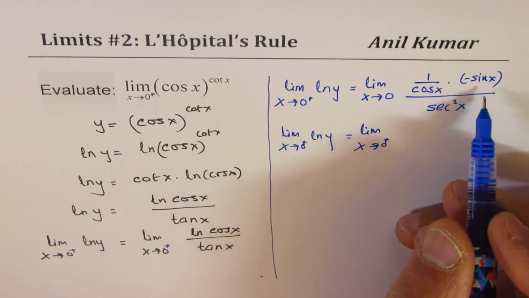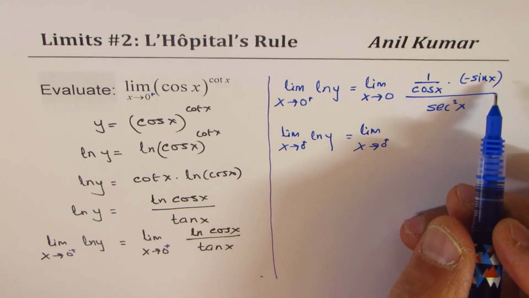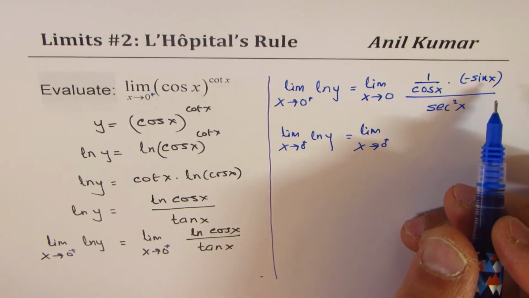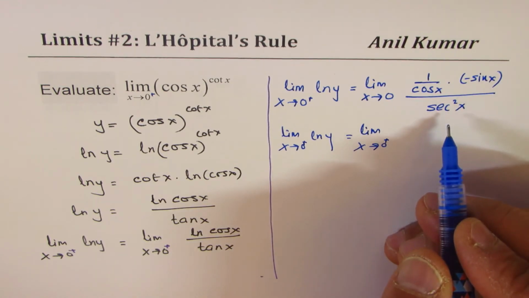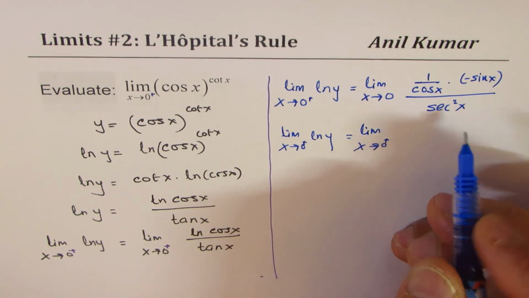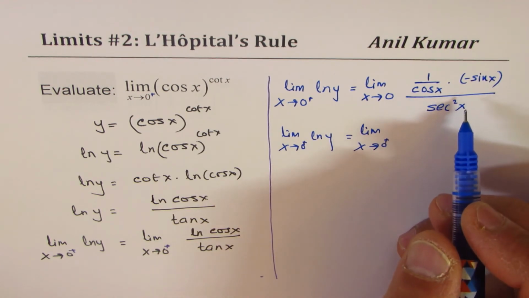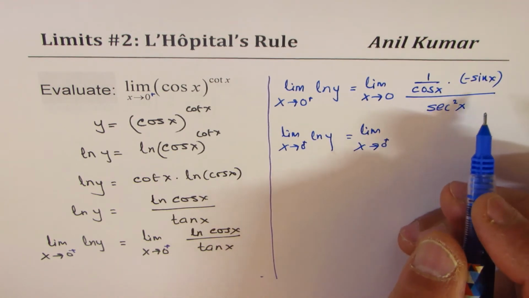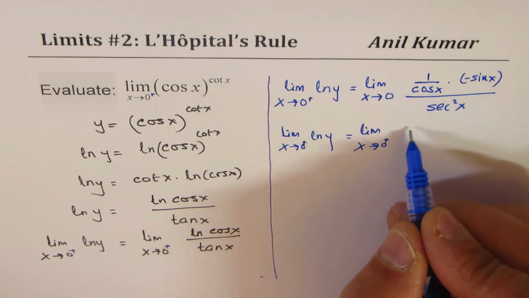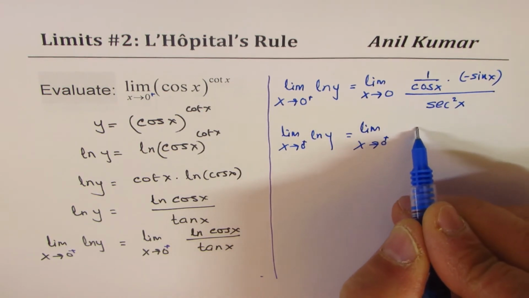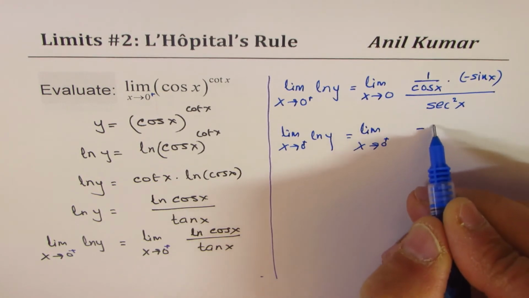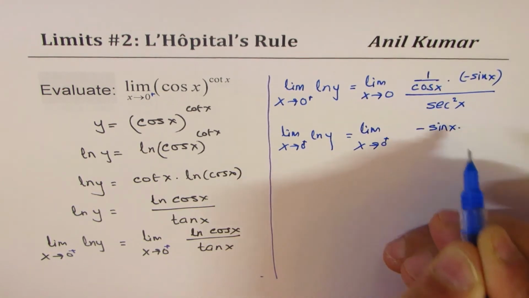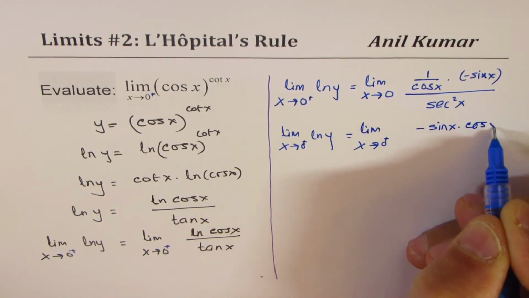Now here what we get is minus sin x over, so let me write this as minus, now that is cos square x. So what we get here is minus sin x times cos x.